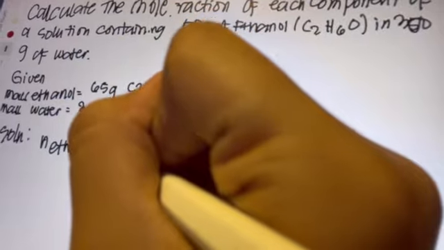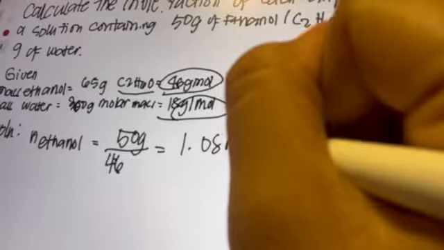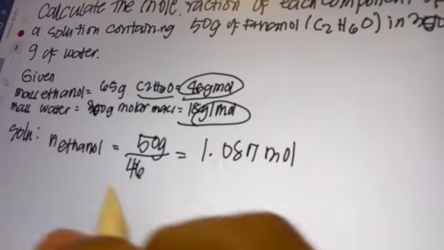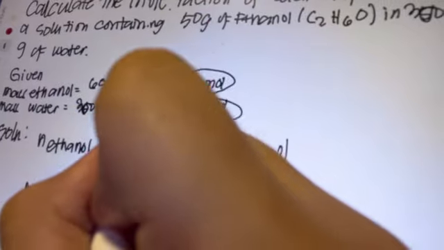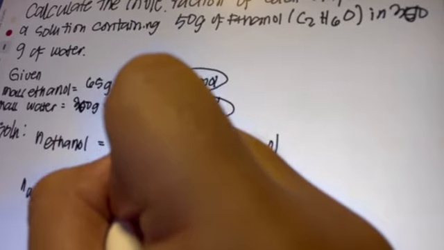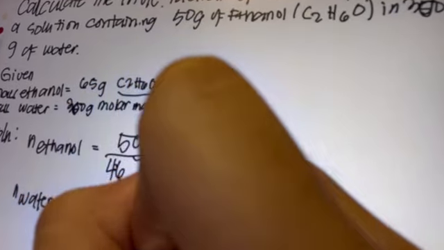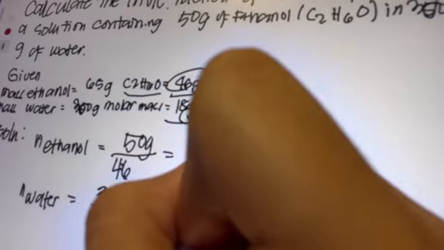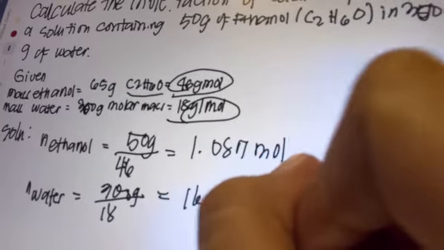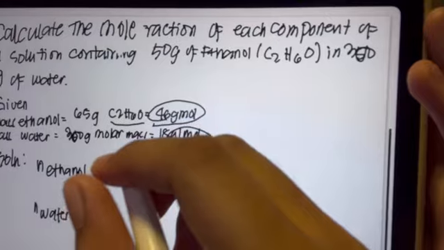We will divide the 50 grams over the molar mass of ethanol, which is 46, resulting in 1.087 mole. And then for the water, we will divide the 300 grams by its molar mass, which is 18 g/mole, equal to 16.67 mole.